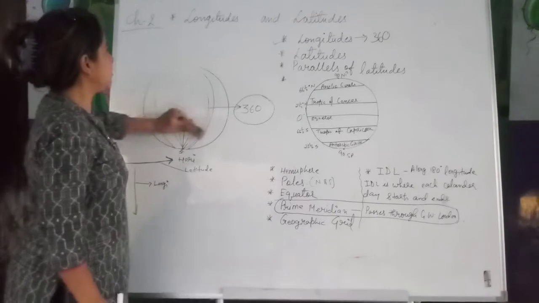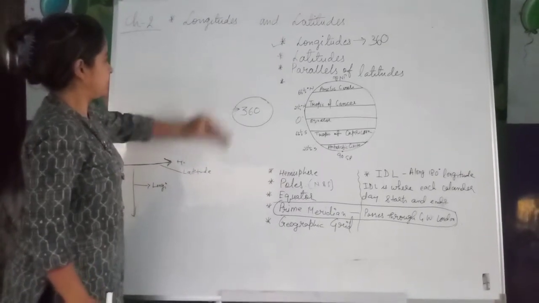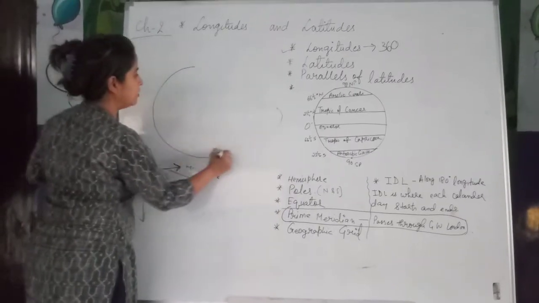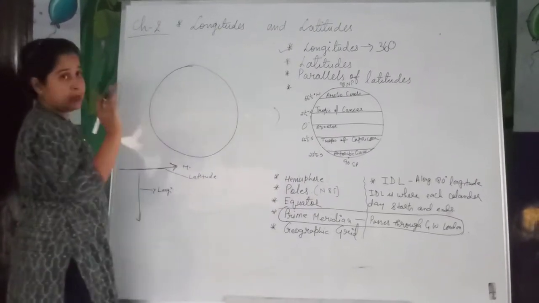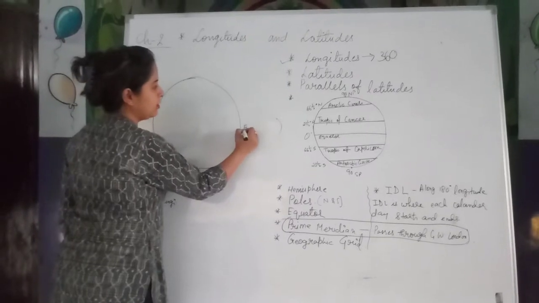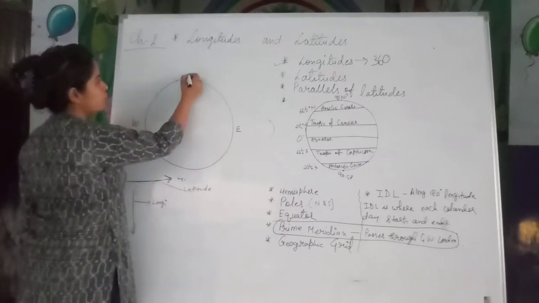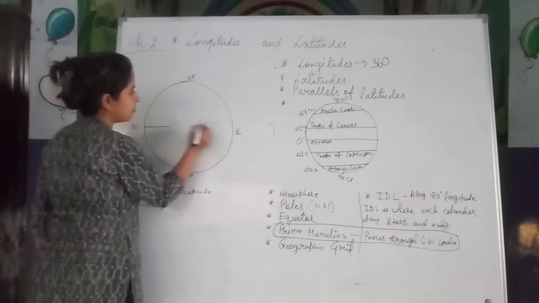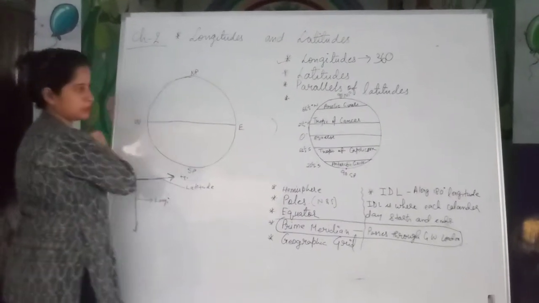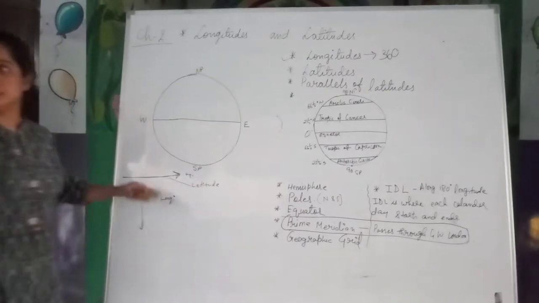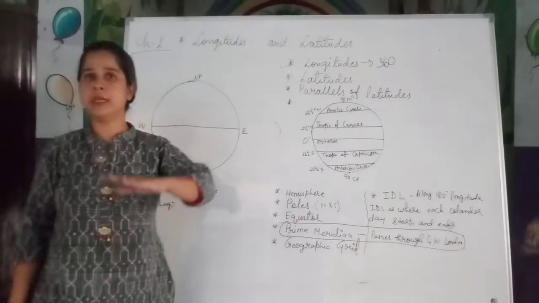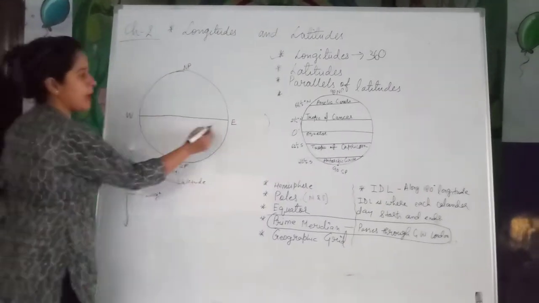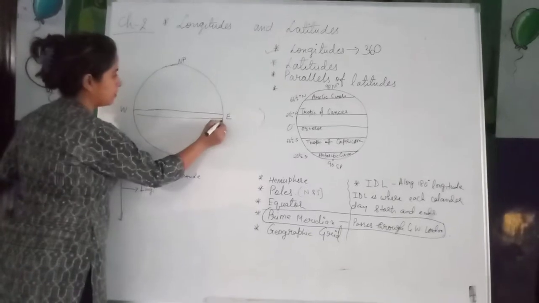Now let's connect with what latitudes are. See, this is our earth, and latitudes are those imaginary lines which run from east to west. This is the North Pole, this is the South Pole. These are horizontal lines. Horizontal lines means these sleeping lines running from east to west.